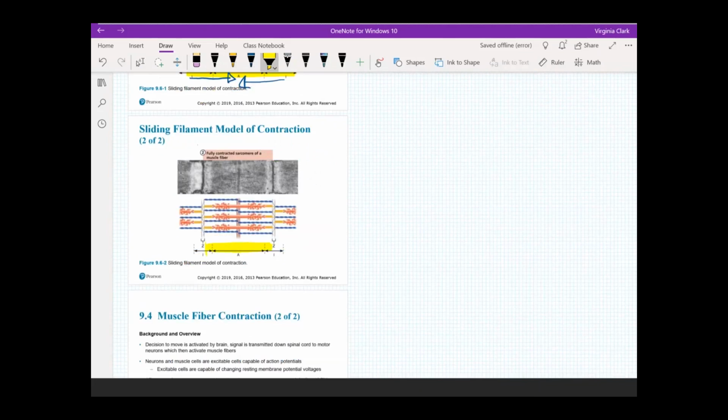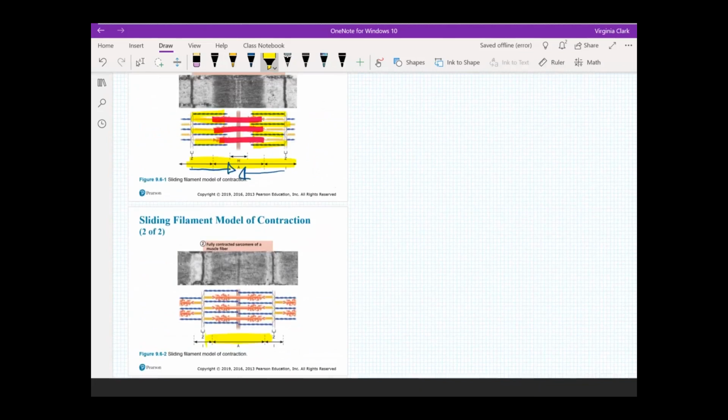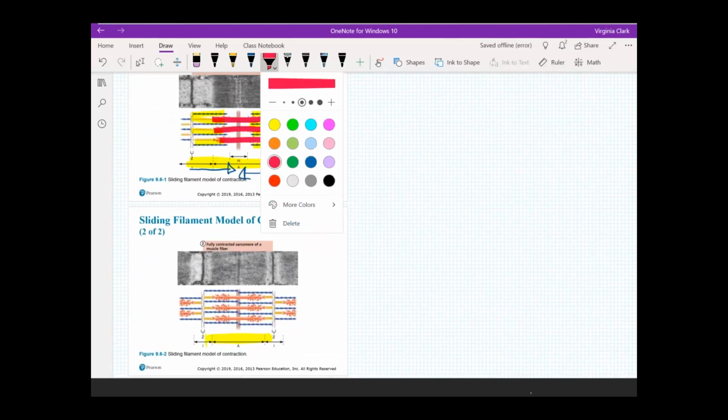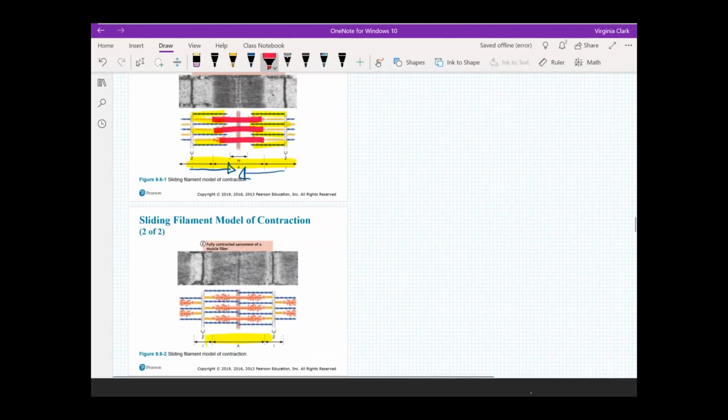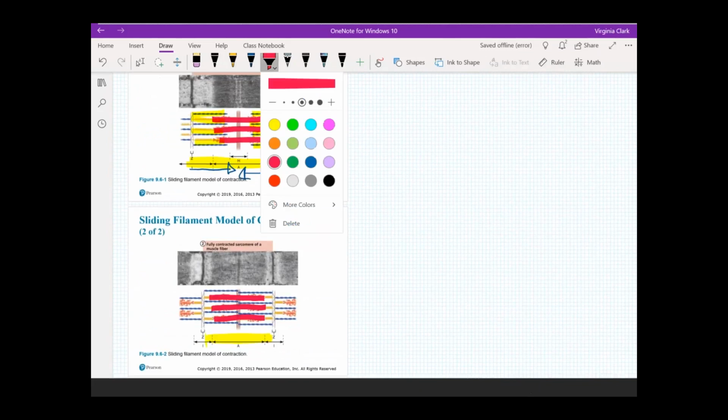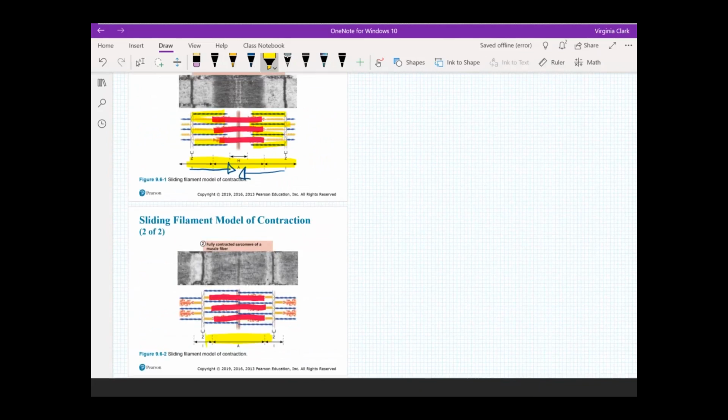And with that, you're not going to have any space in the middle. So I still have the thickness of my thick filament, and you'll still have the length of the thin filament, but you'll notice that there is essentially massive overlapping.